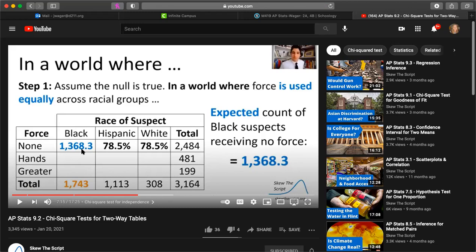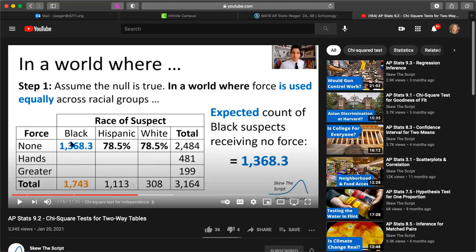Again, we went based off the null. So we said, if all of these race groups had the exact same amount, meaning there's no difference, we took the total who had no force out of the grand total. That was 78.5%. That's my proportion.